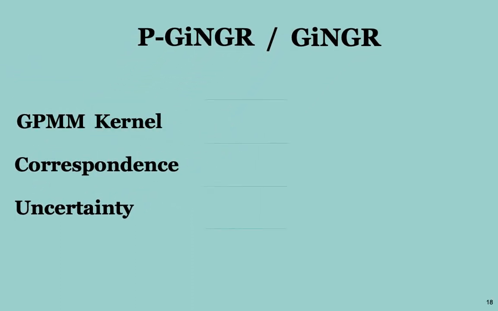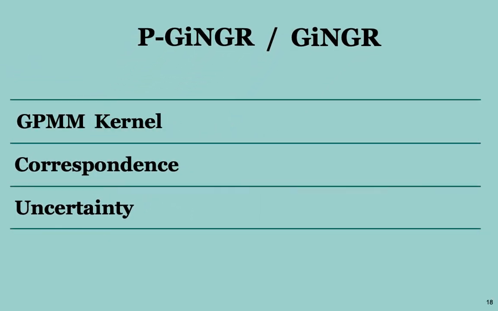The three properties are a kernel function for the Gaussian process model, a correspondence estimation function, and some uncertainty given to this correspondence estimation. By explicitly defining these three properties, we're able to compare a range of existing non-rigid registration algorithms.